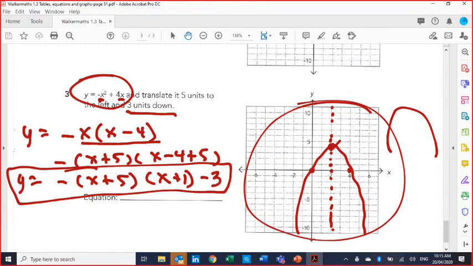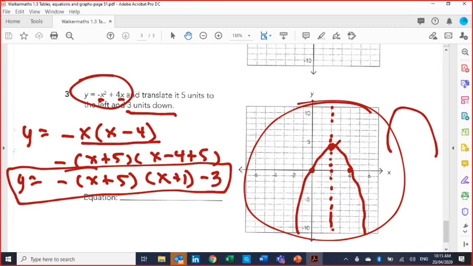Okay. So what if I say 6 units to the right? Is that going to be add 6 to each one of the parentheses? Minus 6. Minus 6, exactly. What if I say 5 units to the left? It's going to be add 5.